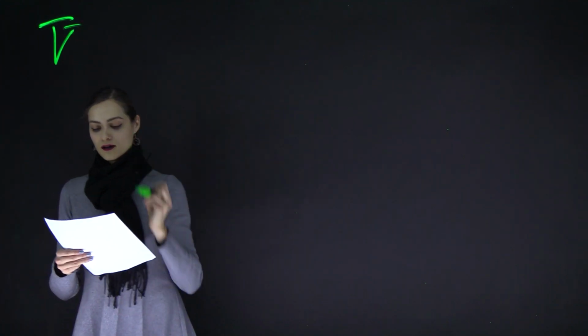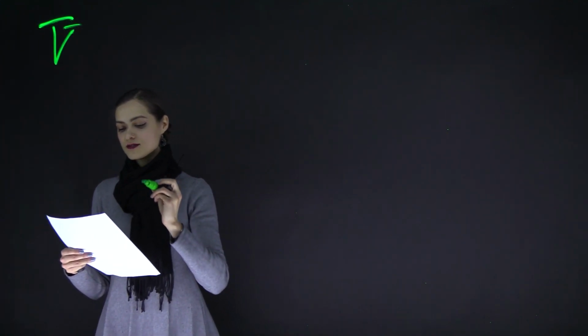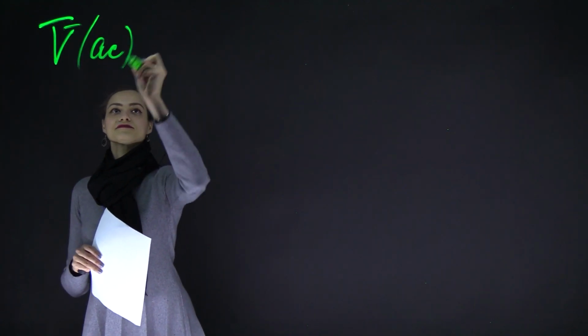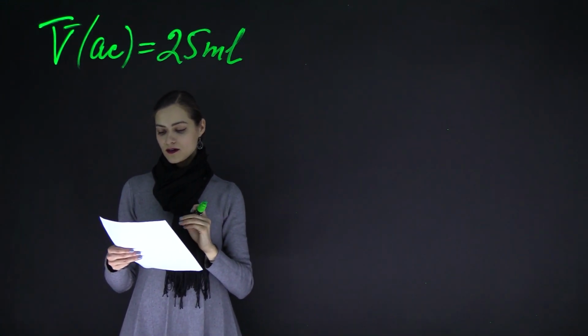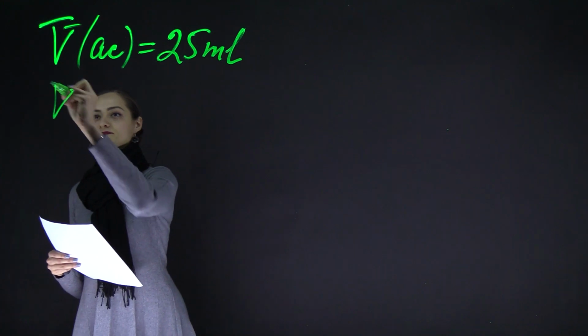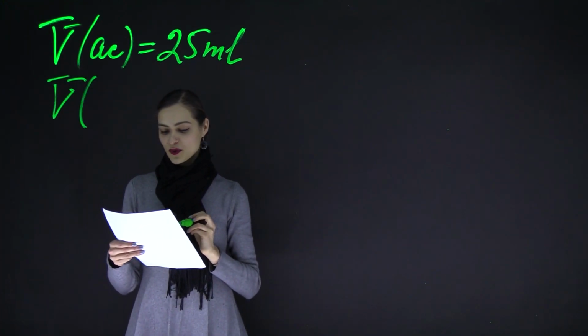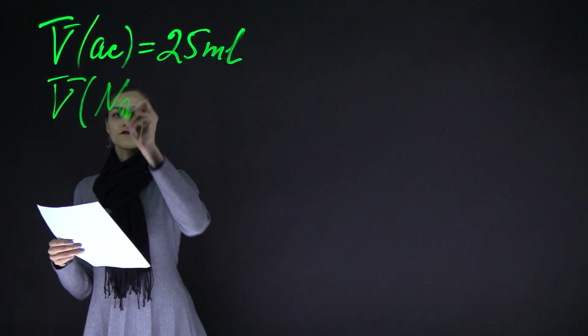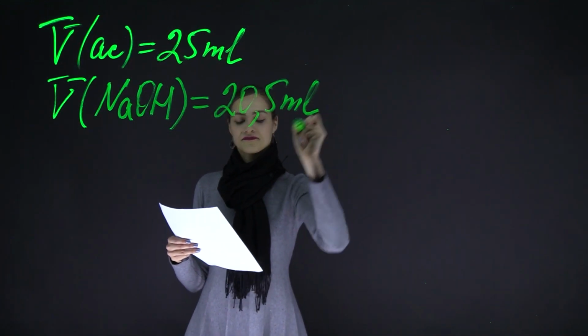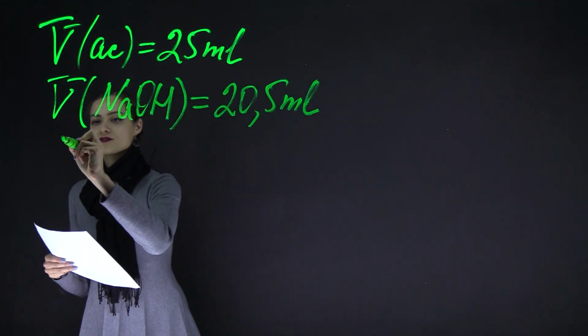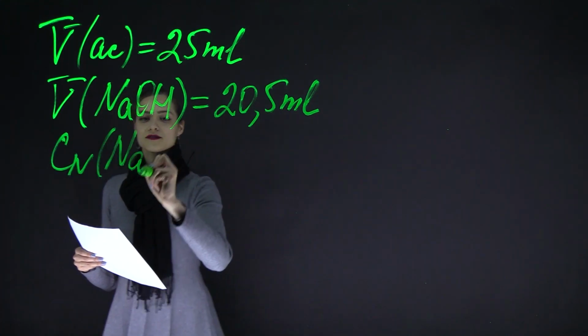So in our situation, we have 25 milliliters of acetic acid, and for this titration we use 20.5 milliliters of sodium hydroxide, and we know the normal concentration of this hydroxide.